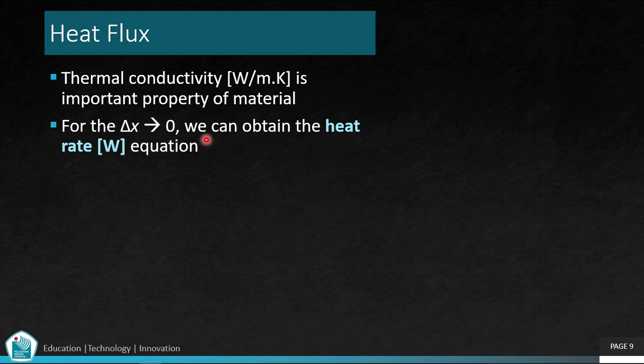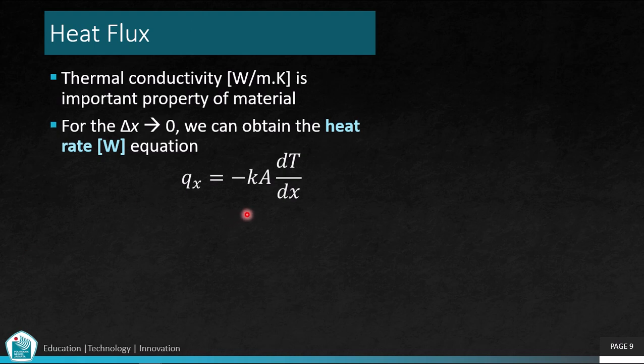So the previous equation can be written as follows: minus K A dT/dx, where A is the area and dT/dx is the change of the temperature over the position in the horizontal direction.